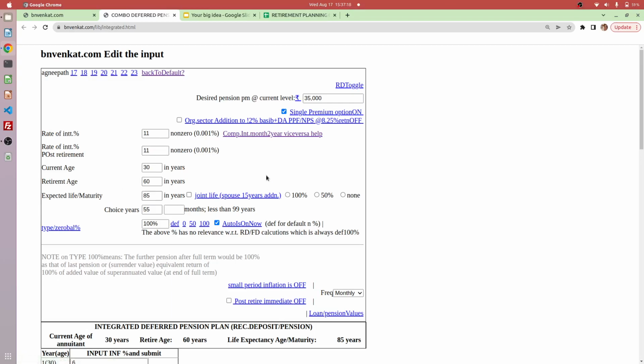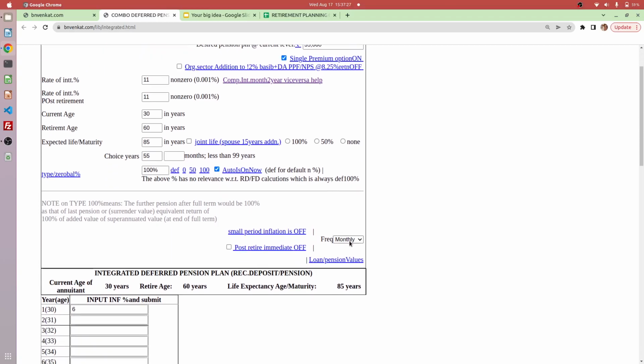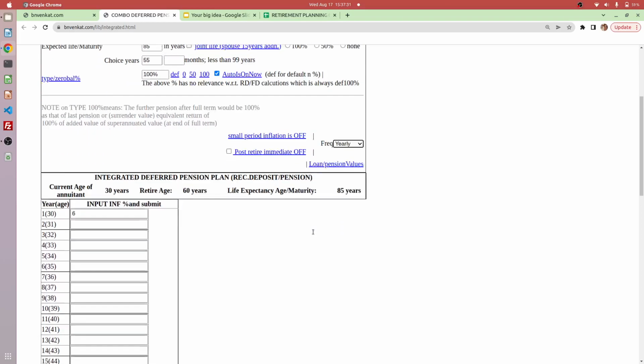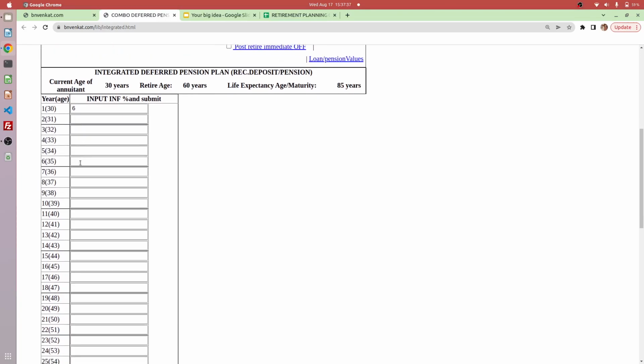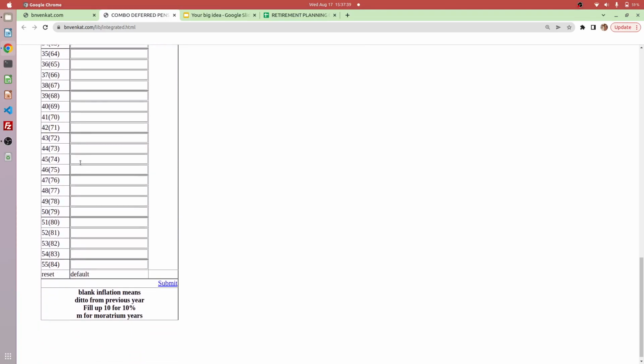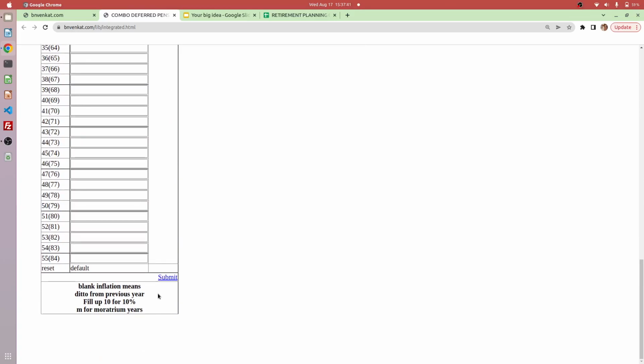These are given by default: 30 years age of entrant, and 55 total years. We have yearly calculation, frequency is yearly, and the inflation we start with is 6. Blank for the subsequent field means same as the previous year.